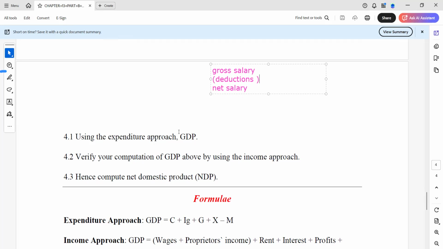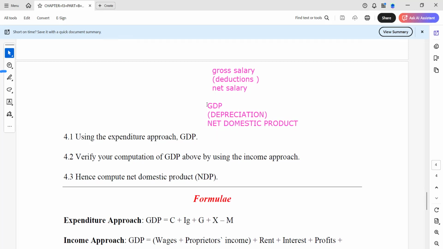So here you can see they're asking us to calculate the net domestic product, meaning that from the GDP, which is the gross domestic product, something was subtracted, which is depreciation, to get the net domestic product.